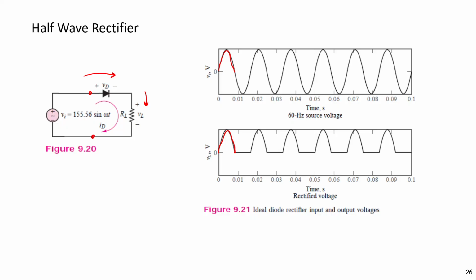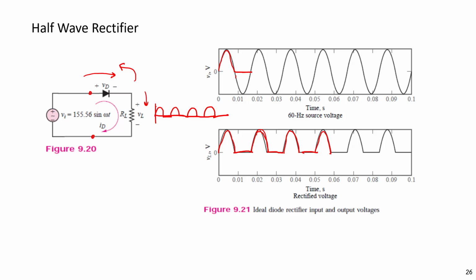But once the current starts to flow in the reverse direction, the diode will block, right? It will block the current flow. So for the next waveform, it starts to conduct the current. So you will get the output only on the positive side. So VL will be in this shape, right? Only positive.